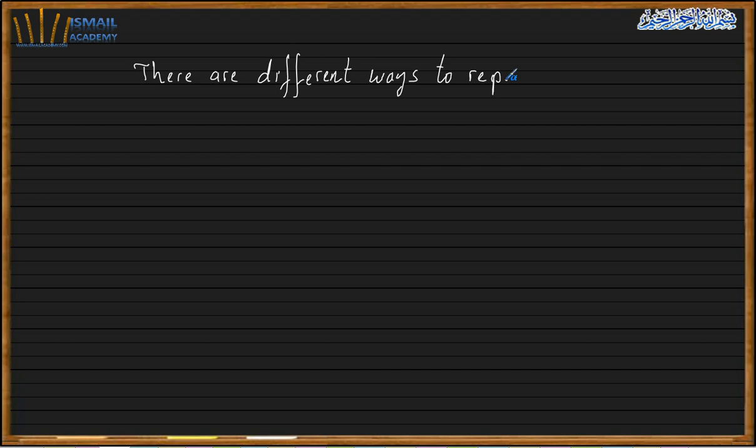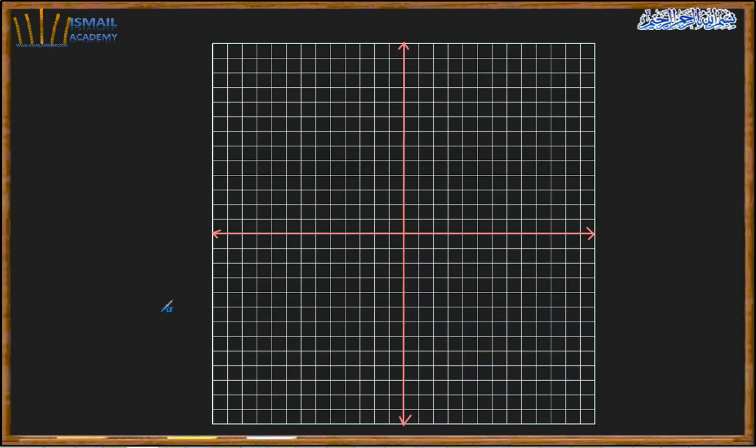The first way is graphically. I have a relation, which is a set of pairs.